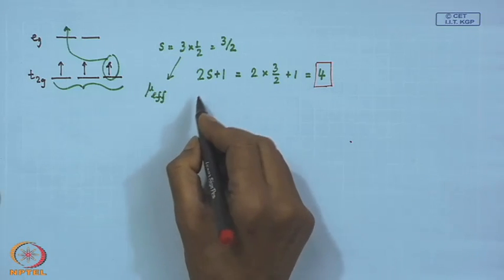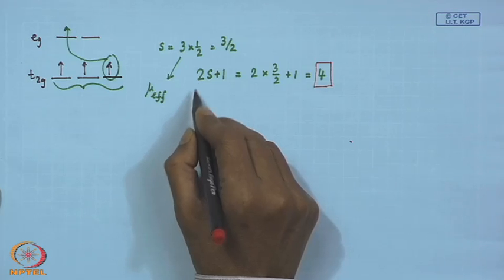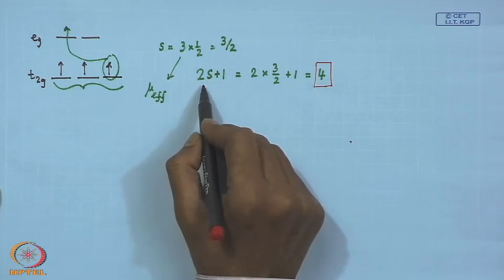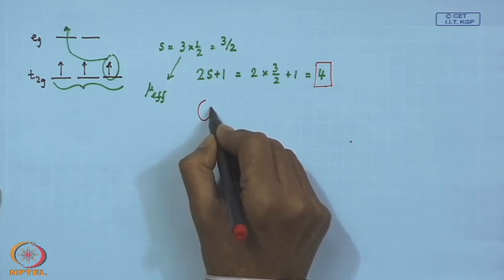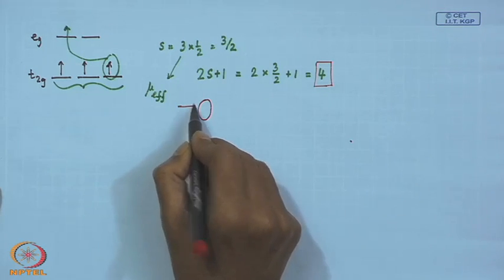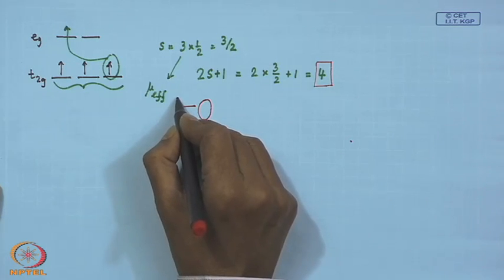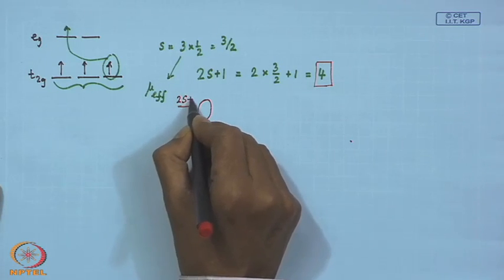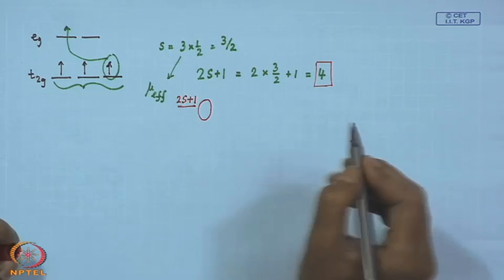So, if we consider a transition from a spin multiplicity of 4, because we get a term symbol for a multi-electronic configuration where we write on the left superscript 2S plus 1, the spin multiplicity value is not changing.